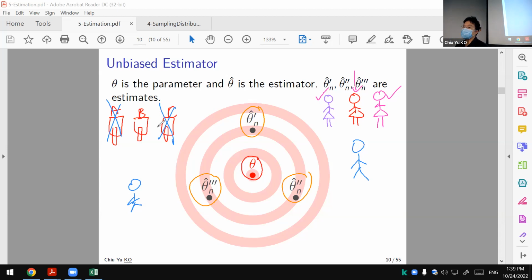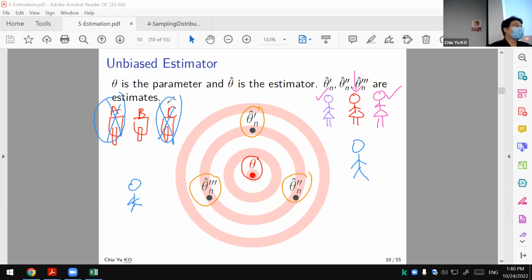And the idea is if we do it many times, and there are many of them, the average is hitting the target. It doesn't talk about how close your guess is to what you're supposed to guess. But it says if you do it many times, the average of your guesses will be the one you want to guess.